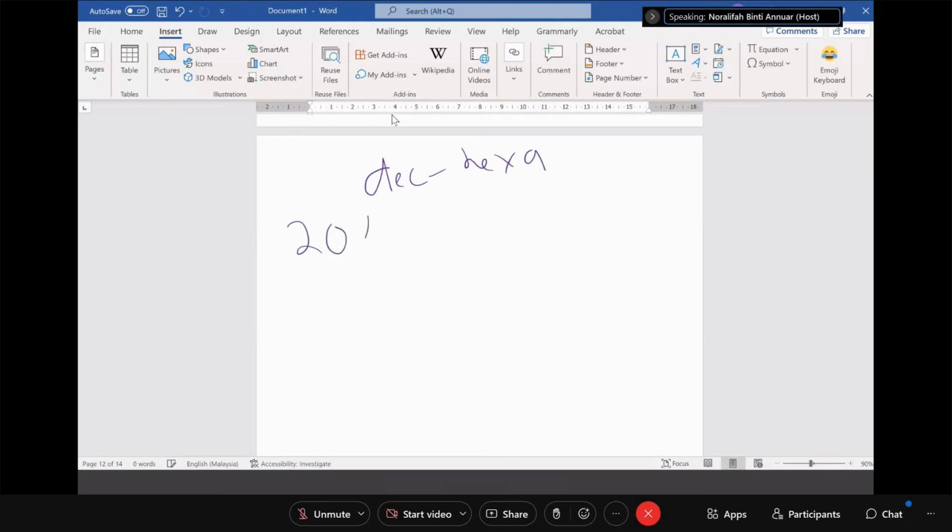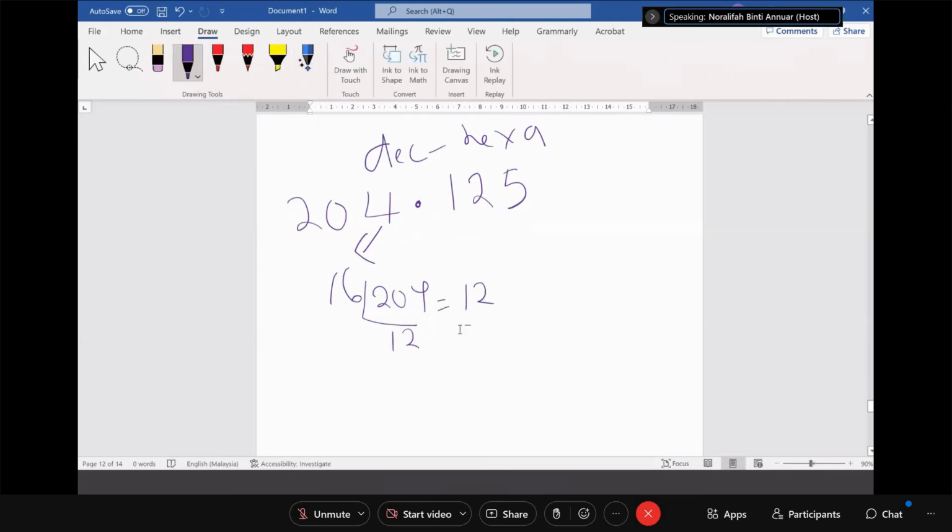But given 0.1, right? 0.4 divided by 16 plus. Saya buat cepat-cepat lah, sebab masa tak cukup.